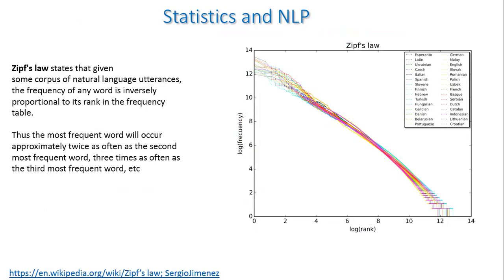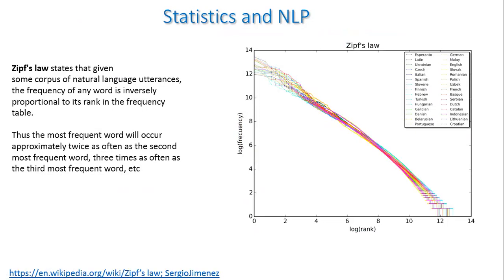Let's say you take a long Shakespeare drama or something like that, and you look at the most frequently occurring word, and it occurs with some frequency, let us say F. Now you look at the second most frequently occurring word; it will almost always occur at a frequency of F over 2.